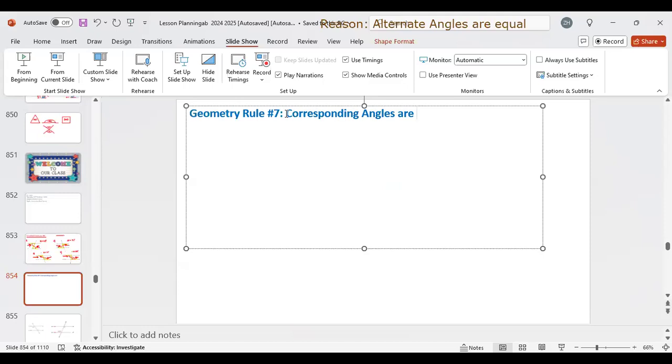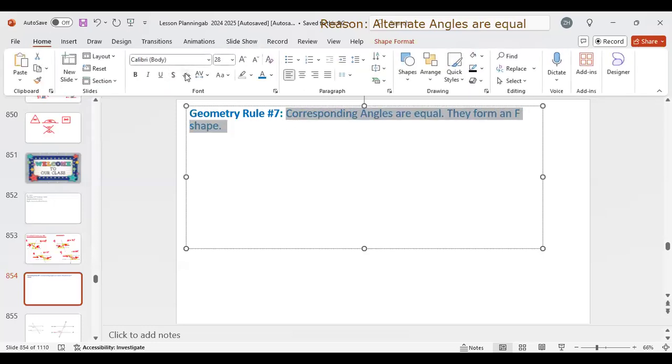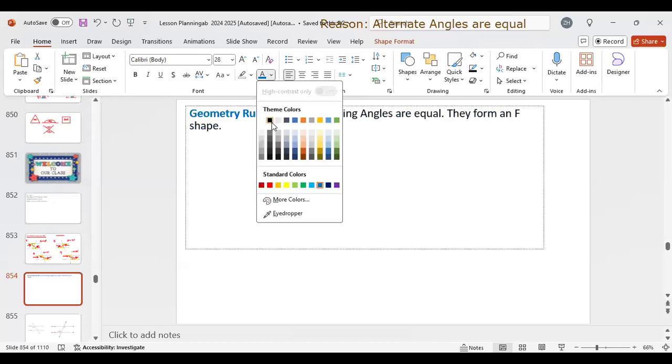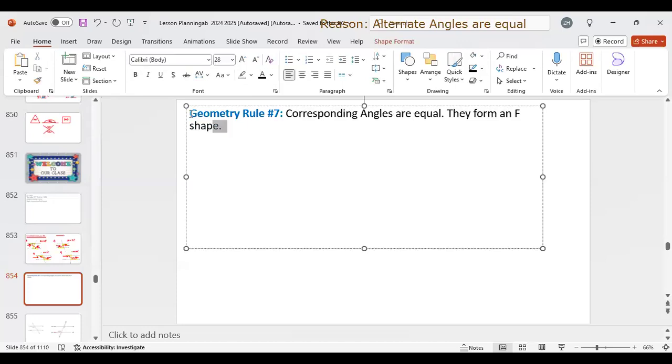Corresponding angles are actually equal. They form an F shape. So what shape do they form? An F shape. So that's what I mean by corresponding angles. Let me just show you how they look.